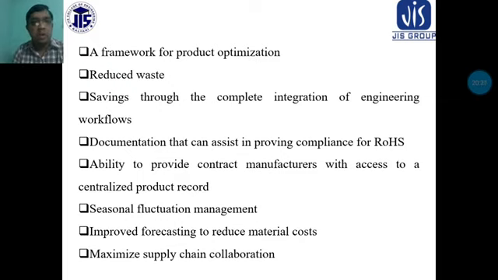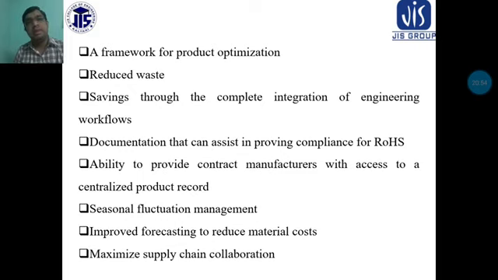The ability to provide contract manufacturers with access to centralized product records will be required. And seasonal fluctuation management will also be implemented through the PLM management systems, along with improved forecasting to reduce the materials cost.